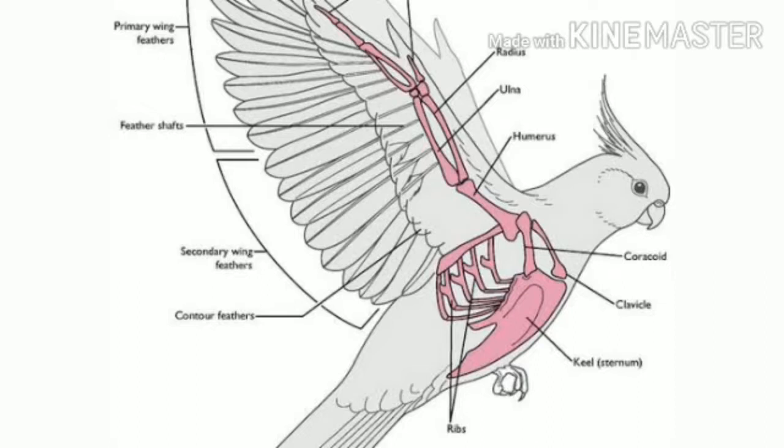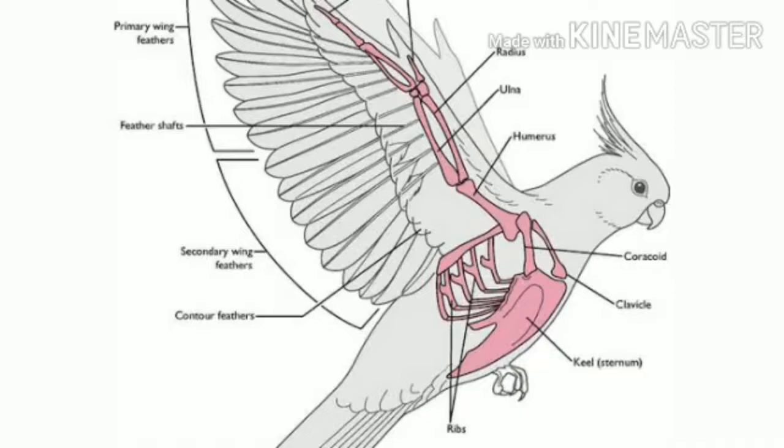The body is covered with feathers. 5. They have strong beaks to pick up or tear their food. 6. Tail to balance during flight.